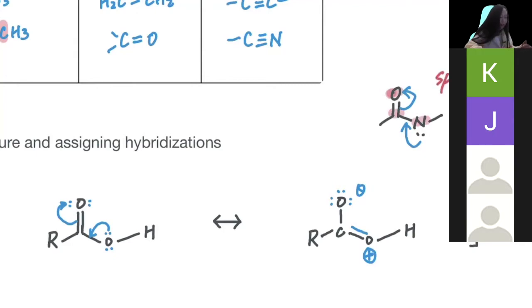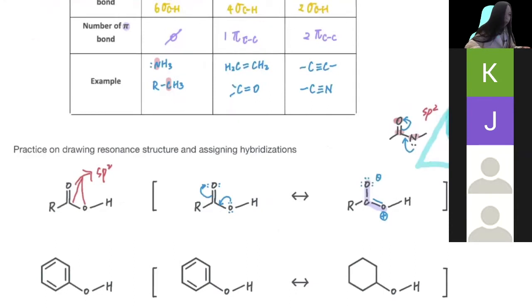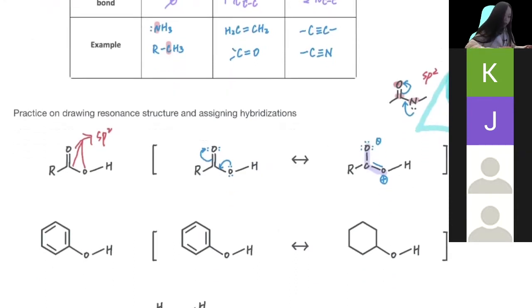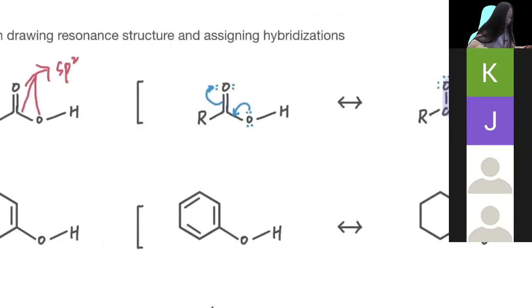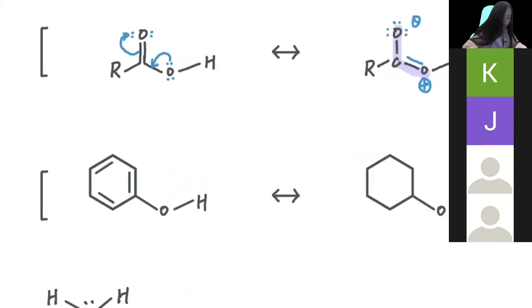The similar example is here. So 1, 2, 3, they are all sp2. They're all sp2 because of the resonance. Similarly, I think you should be able to do this resonance structure. This is benzene with, okay, this is actually phenol.